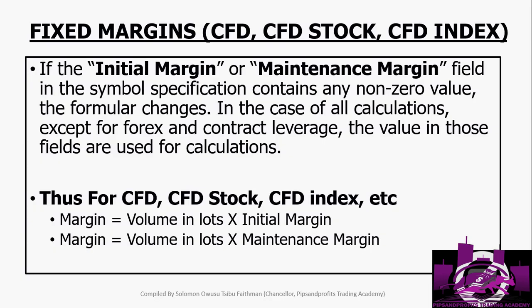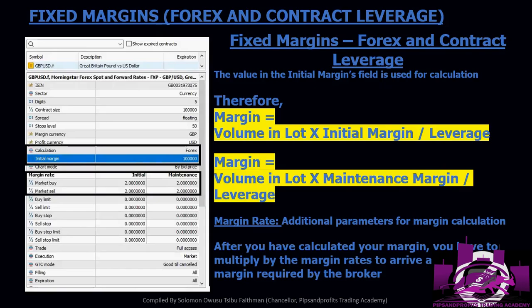All right. So this is the fixed margin. If we are using the fixed margin, that is when we have initial margin and then maintenance margin from our contract specification, then our margin is going to be volume in lot times our initial margin. That is for CFD, CFD stock, CFD index.